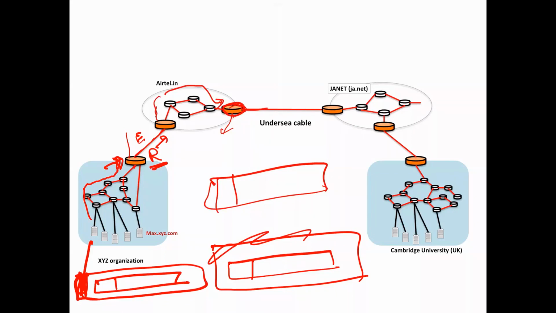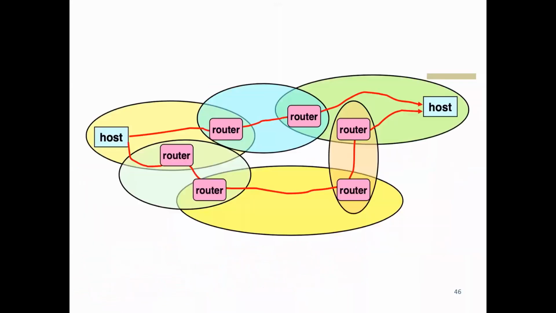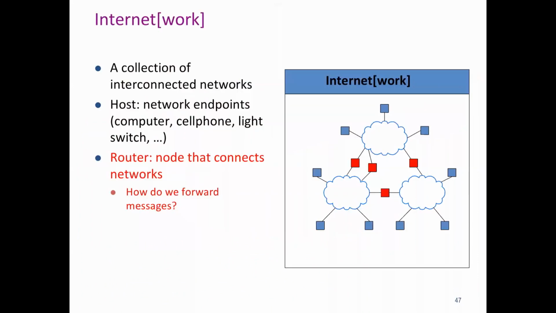In this way it will move. So we have routers always at the edge of a local area network, so that packets can go from one institution to another institution to a third institution and so on, right? Like this is shown here.